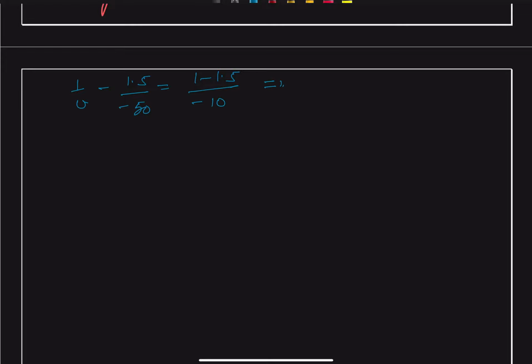From here we get that v is equal to 50 centimeters. That means the image from the first surface is formed at 50 centimeters in the air.